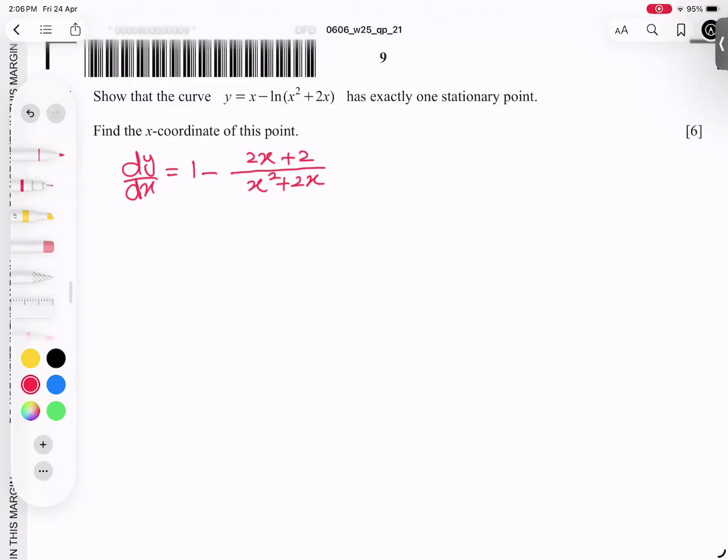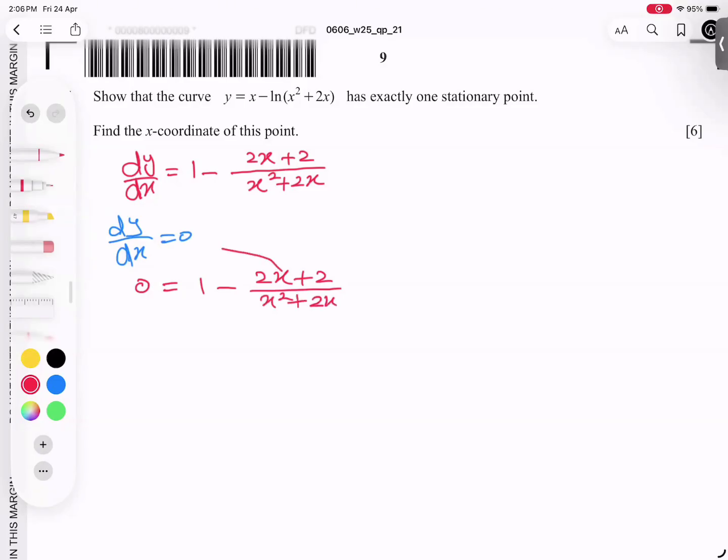And now, student, what to do? I'm going to put derivative equals to 0. So when I put 0, 1 minus 2x plus 2 over x square plus 2x.